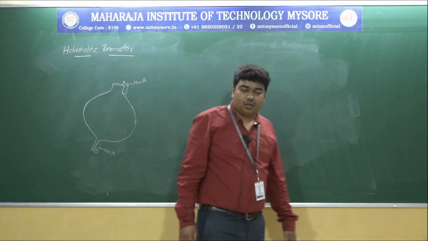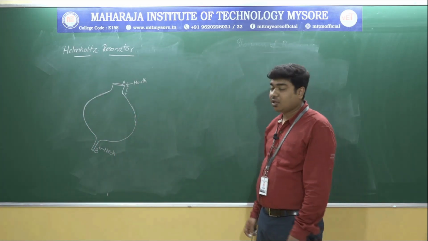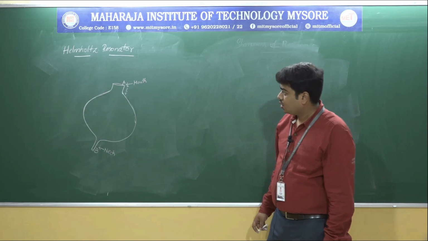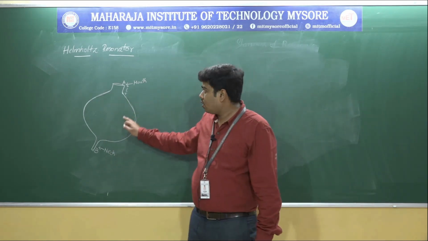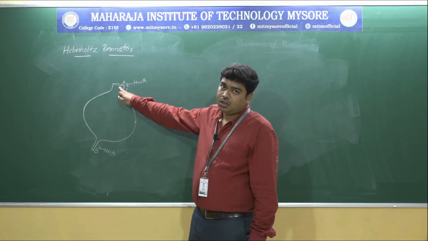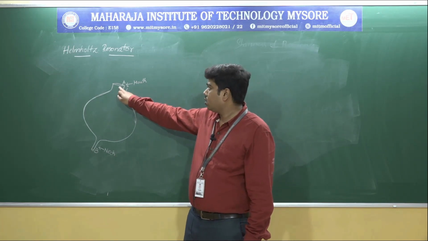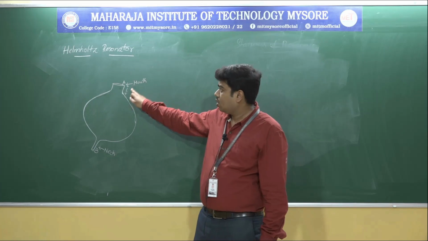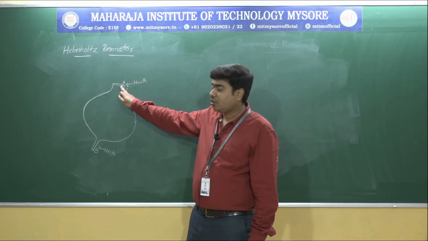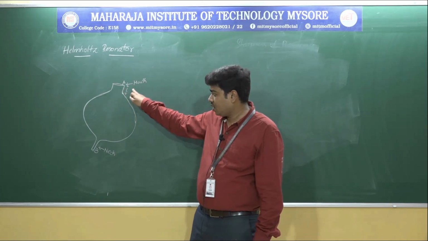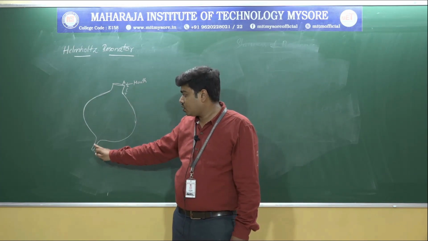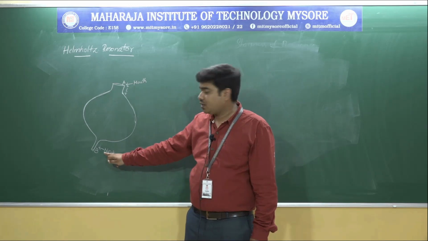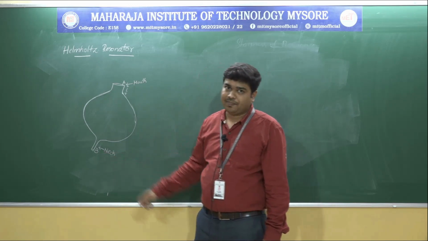Now, in the case of the resonator, particularly the Helmholtz resonator, it is a hollow vessel which consists of one broad opening which is called the mouth, where the length of the broad opening is represented by L, and at the other end of the resonator there is a very small narrow opening which is represented by B called the neck.